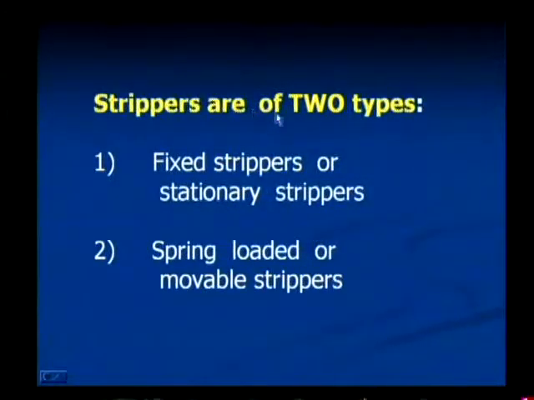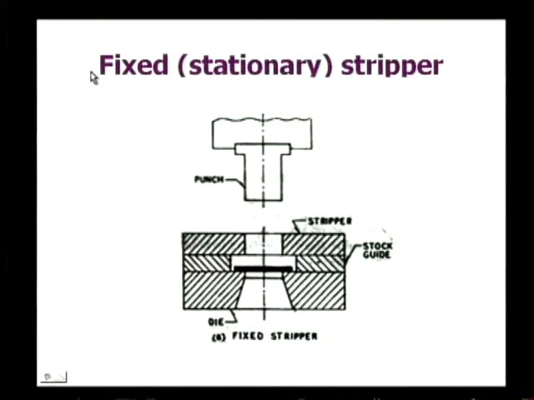Strippers are of two types. One is fixed strippers, or these are also called stationary strippers. The second one is spring loaded strippers or movable strippers. Now, you can see the fixed or stationary stripper. Here this is punch and this is die, and this is the blank, and here this is the stripper.